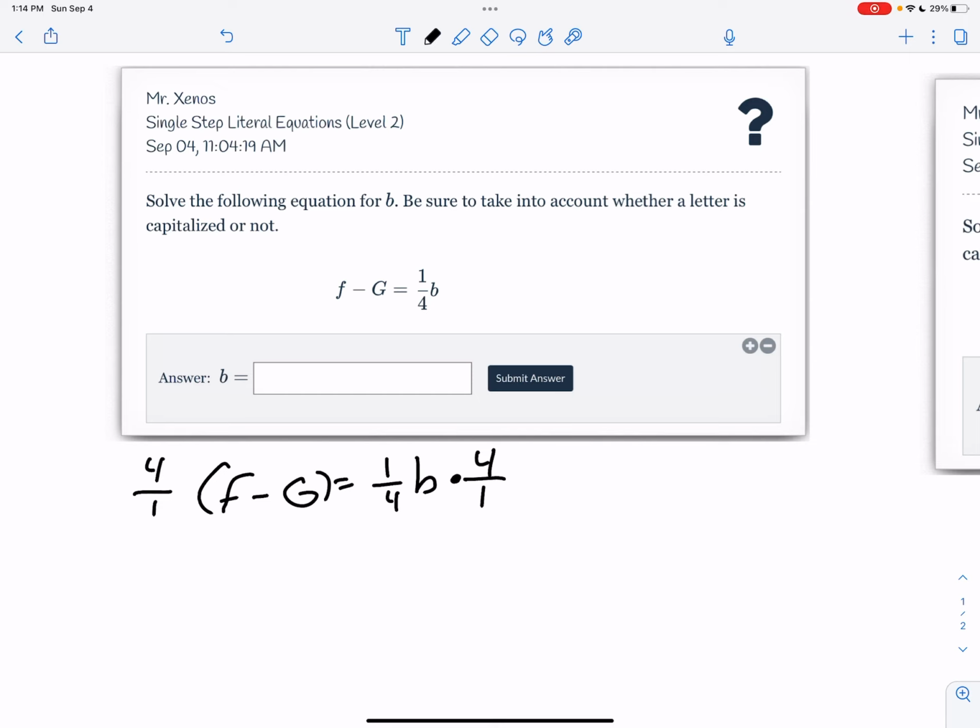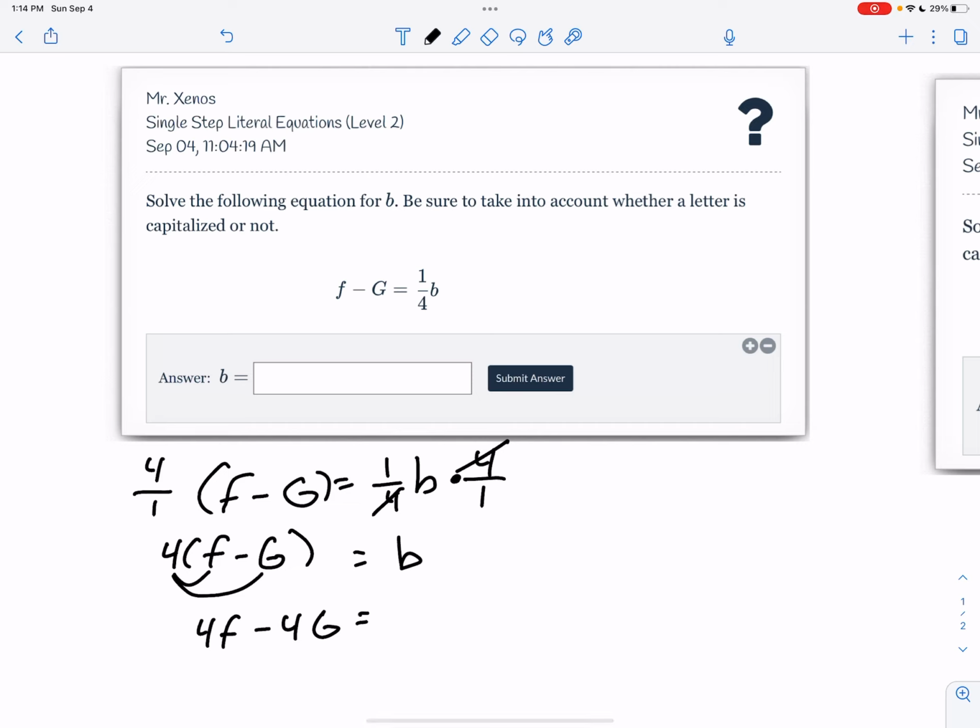On the right side where my b is, my 4's cancel, my 1's don't do anything, and I'm left with b is equal to this, or if you distribute it, I don't know if it wants you to distribute, try both of them if you need to, but I'm distributing that 4 onto both of those. I'm not 100% sure if they're looking for this, which I feel is more simplified, or this. I think they will probably accept both.